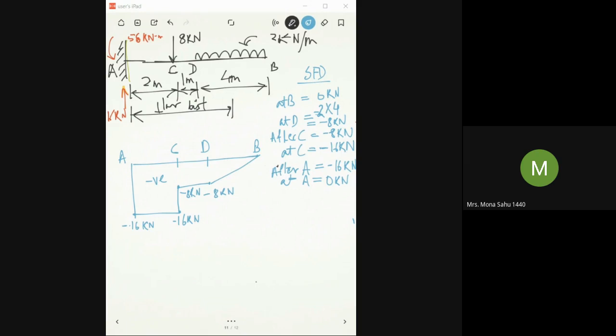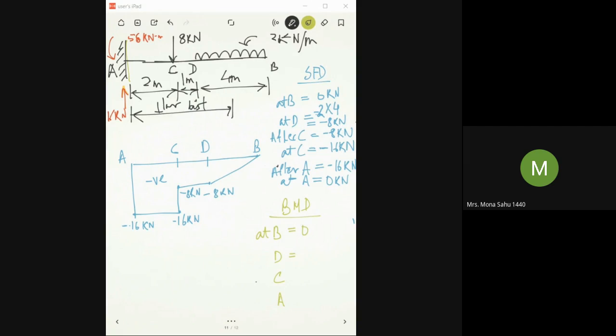Now coming to BMD. For BMD, you're going to take at B, D, C, and A. At B, it's going to be 0.